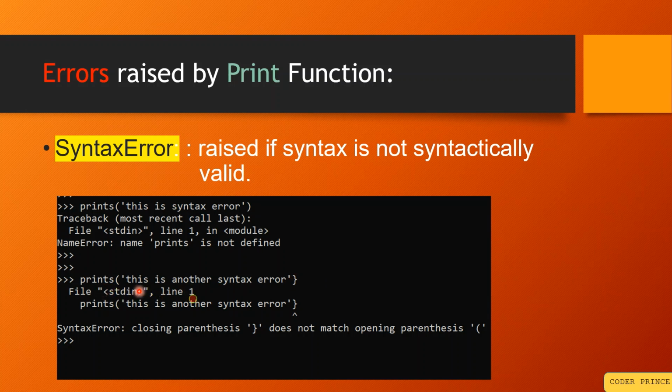Also when you mismatch the parentheses, or whatever types of error you make, it's actually a syntax error. Okay, here we actually have a name error, not a syntax error. When we try to use this, prints is not defined because it does not recognize it as print, but it just looks for some defined different function.